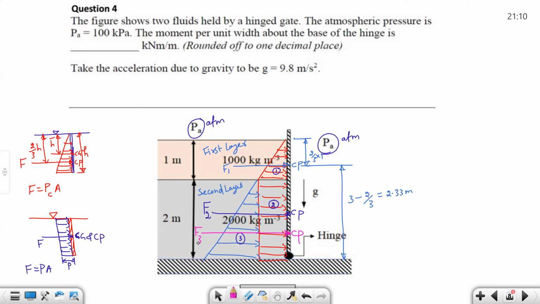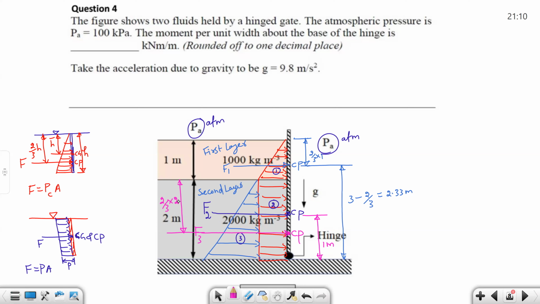F3. This center of pressure will be from here, the middle of the 2 meters, so that is 1 meter. From here, the center of pressure is 2/3 of 2 meter, that is 4/3.